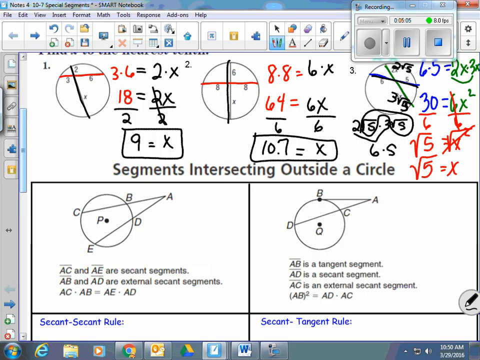Alright, look at those pictures in the next couple of boxes. I want you to compare and contrast them in your brain. Look at those two pictures and tell me, how are they the same? How are they different? So what is the same between those two pictures?